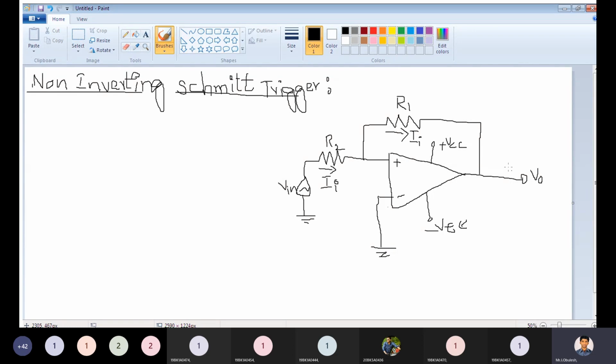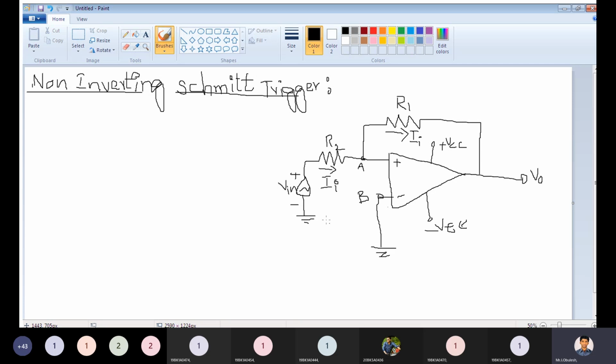Let us assume this point is A and this point is B. If you want the signs, you need to keep positive and negative here.